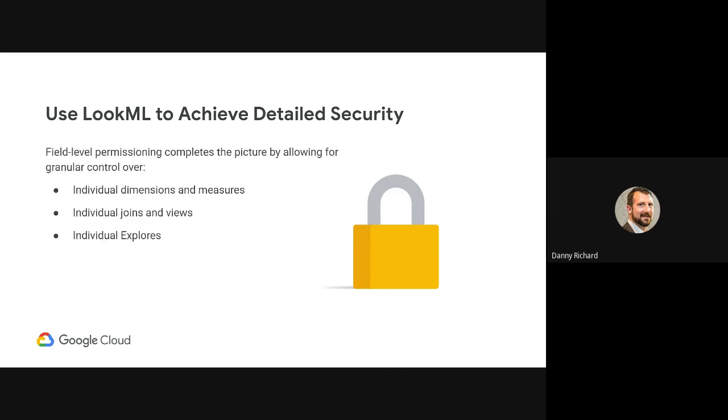What is field level permissioning then? It is the restriction of access to dimensions and measures. We can even go so far as to restrict access to joins and entire explorers.